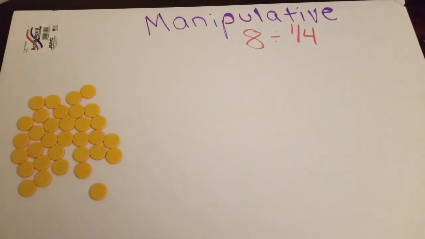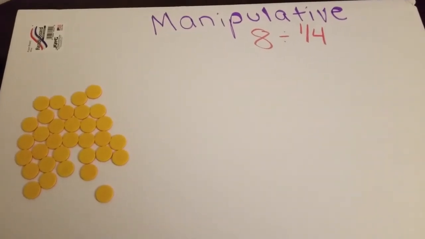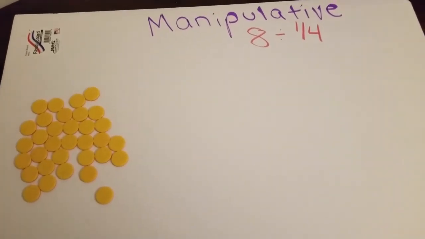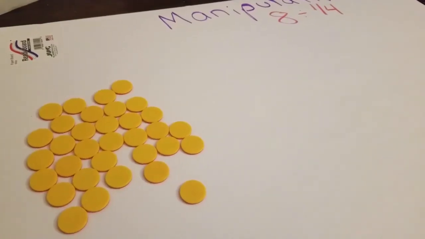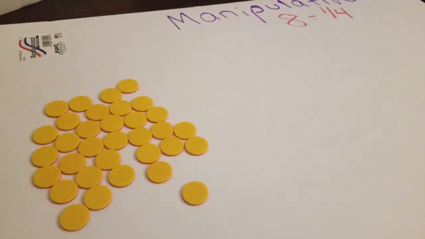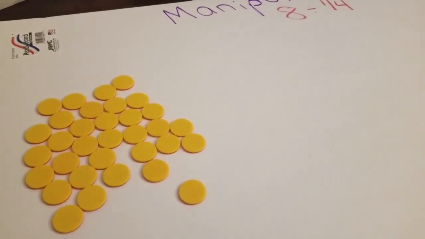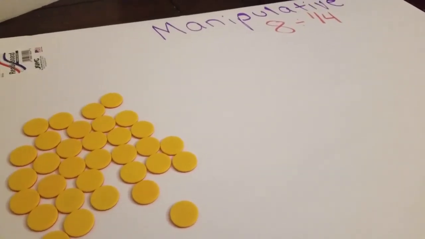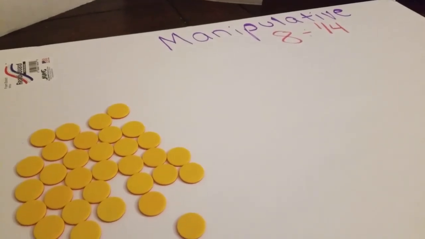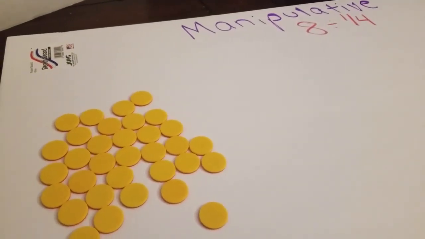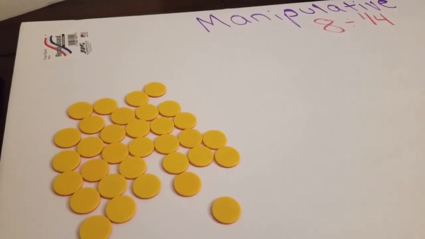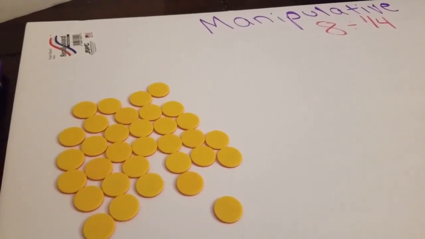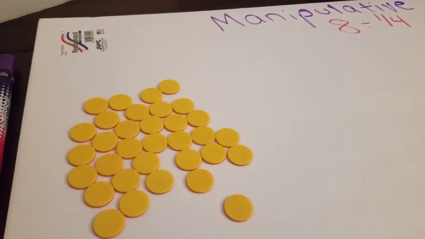Now I'm going to show you how to use a manipulative to teach students how to divide whole numbers by fractions. Sometimes students have an issue with dividing whole numbers with fractions and doing fractions in general because they have a hard time understanding the concept of fractions and what it means to them.